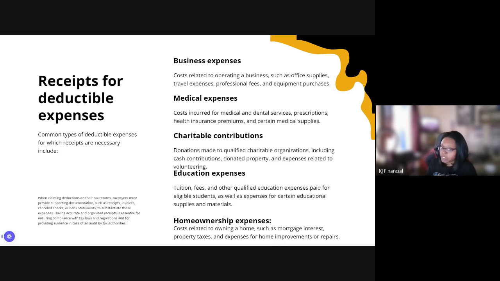If you're somebody that donates to charities, organizations, cash, property as in far as cars, clothes, furniture, Goodwill, CHKD, y'all know where I'm going with this, Boys and Girls Club, even churches fall into your charitable donations.